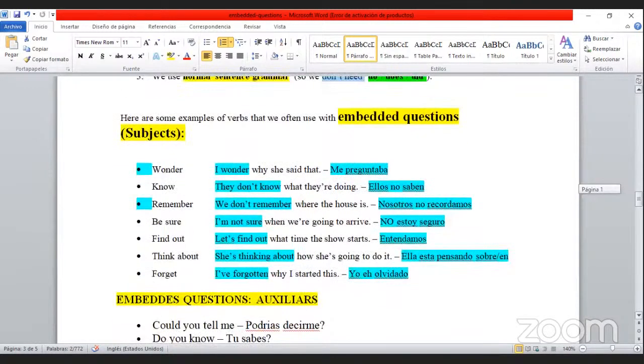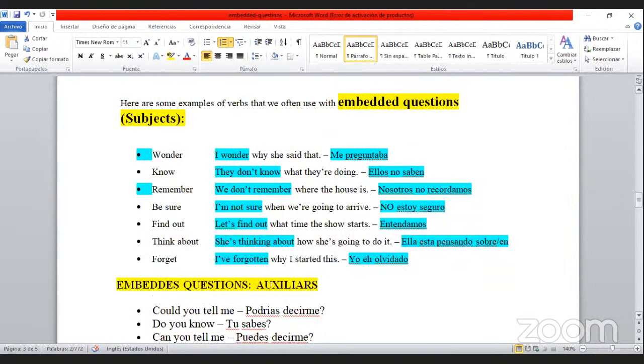So, some embedded questions that we have. We have here these: I wonder, this is the meaning. These are embedded questions with subjects, okay? They don't know, we don't know, I'm not sure, let's find out, she's thinking about, I've forgotten. In this case, we can change these subjects into others, okay?